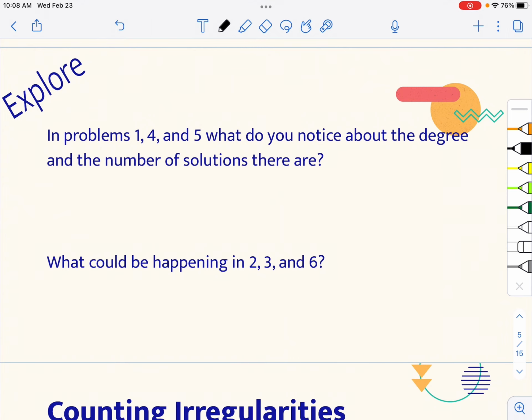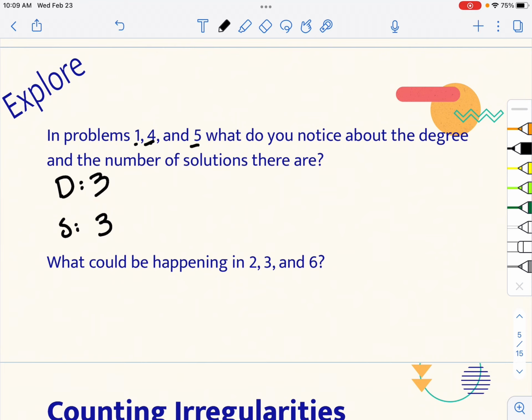And we talked about how number 1, number 4, and number 5 all had a degree of 3 and 3 solutions, or maybe a degree of 2 and 2 solutions. Either way, the number of solutions matched what the degree was.